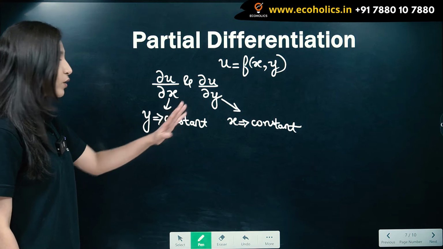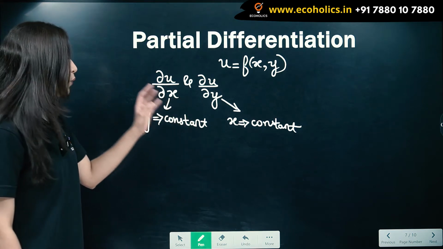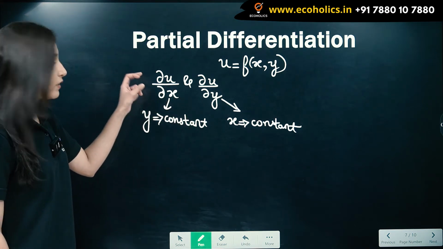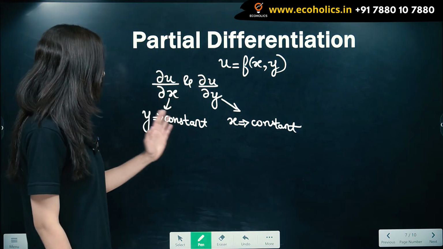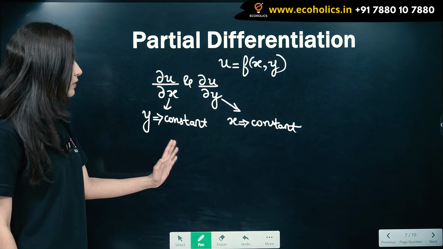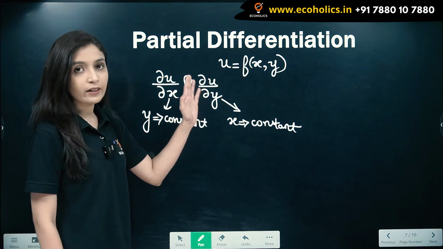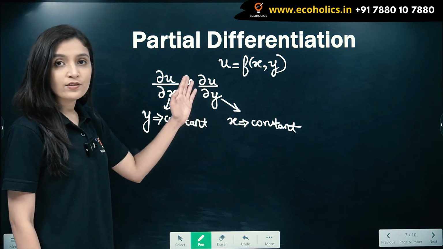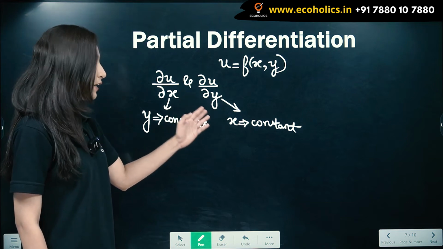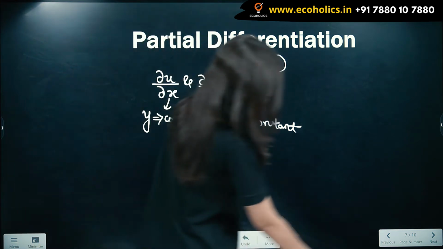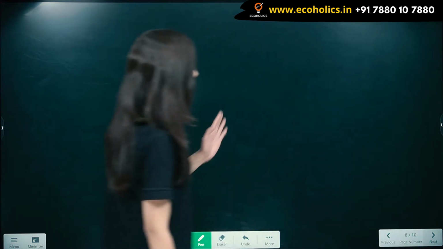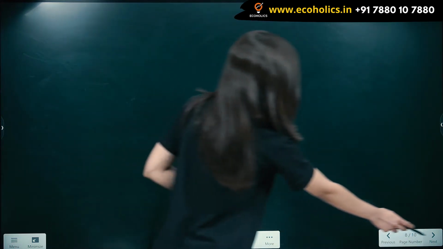Basically, the concept of partial derivative is that when we want to find change in u with respect to x, we need to take y as constant, and when we are finding ∂u/∂y, that is change in u with respect to y, we take x as constant. So, using the concept of partial derivatives, let's look at an example.